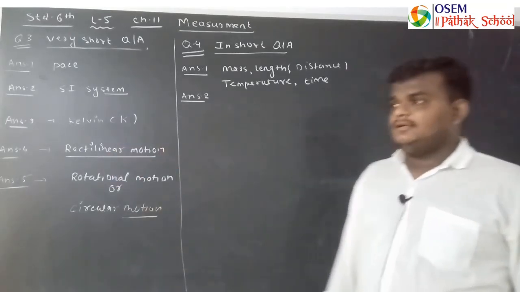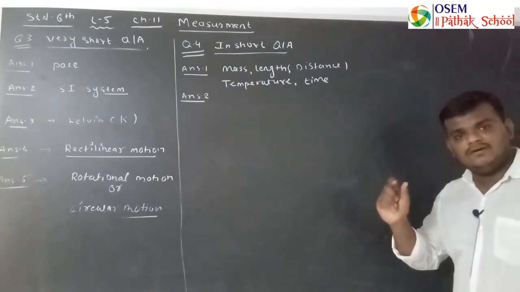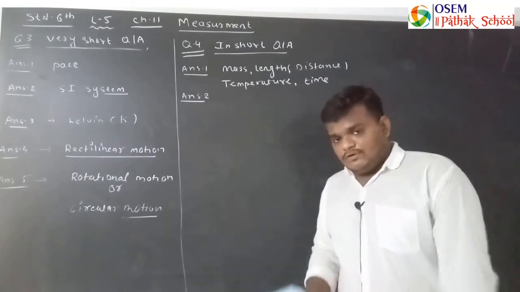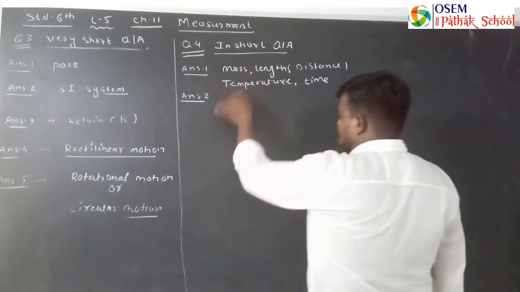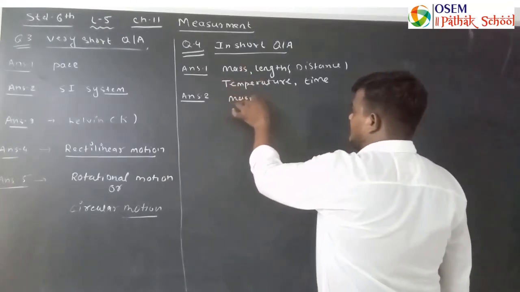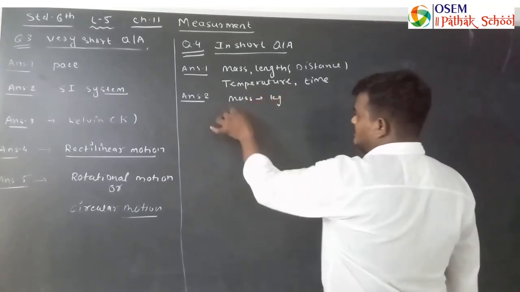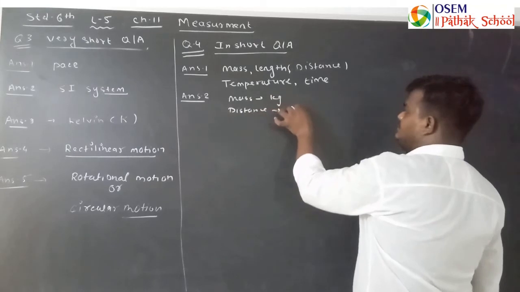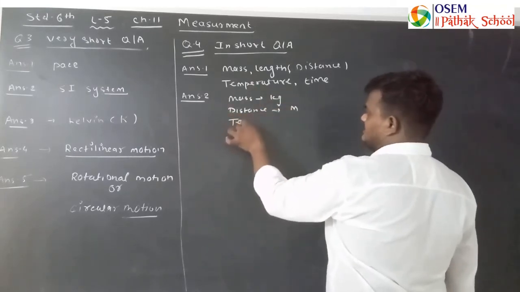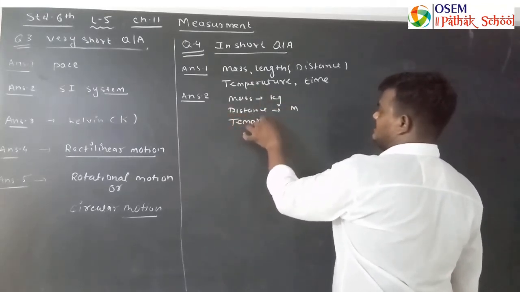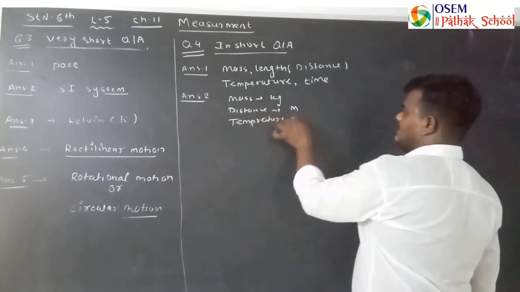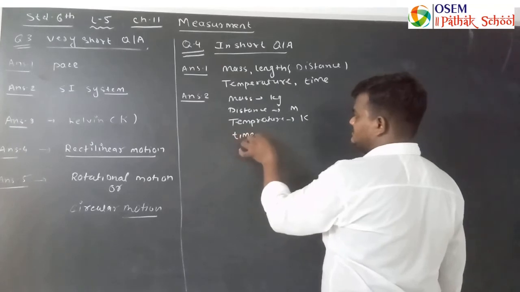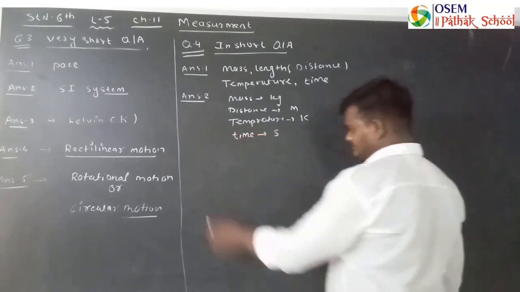So unit gives the basic idea of any quantity. Give the SI unit for the 4 physical quantities. Mass is measured in kilogram, distance is measured in meter, temperature is measured in Kelvin, and time is measured in second.